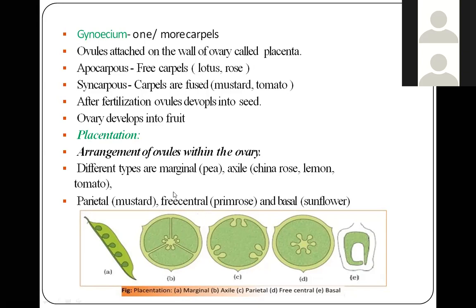In androecium we have seen the estivation, and in gynoecium we have seen in detail the placentation. We have seen the different types of both, right? So now we have completed the next topic of this chapter, and that is the parts of flower.